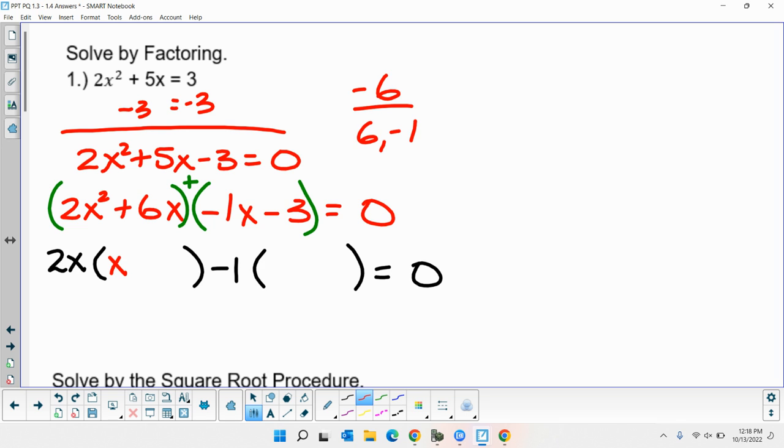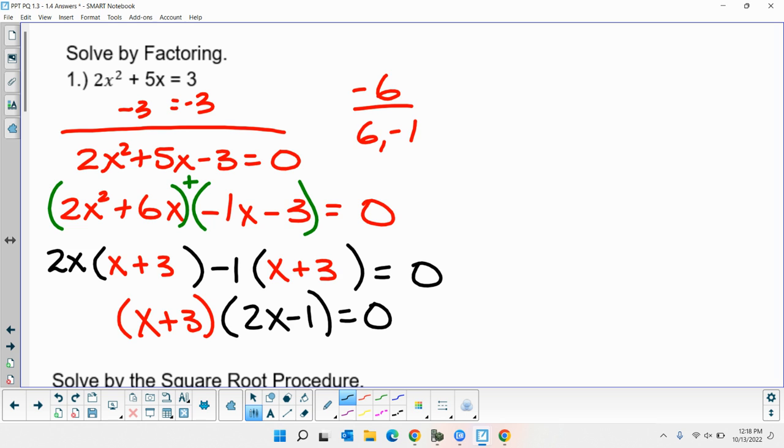X. What's 6x divided by 2x? 3. What's negative 1x divided by negative 1? And negative 3 divided by negative 1. Is it working out like we want? Yeah, we got an x plus 3 as one of my factors. And a 2x minus 1 is the other factor.